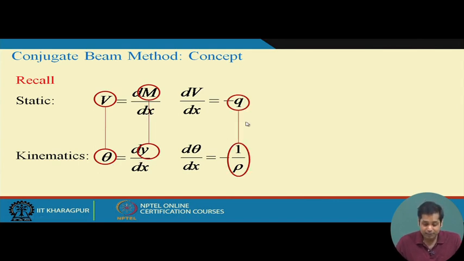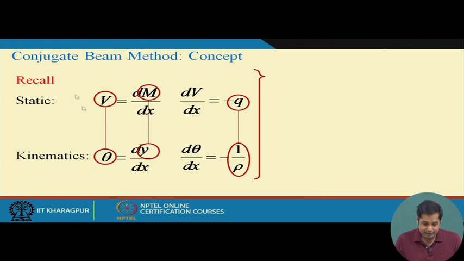Now, how V is related to q and how theta is related to curvature is also very similar. The shear force is the first derivative of moment, and theta is the first derivative of deflection. The first derivative of shear force is the intensity of loading, and the first derivative of slope is the curvature.